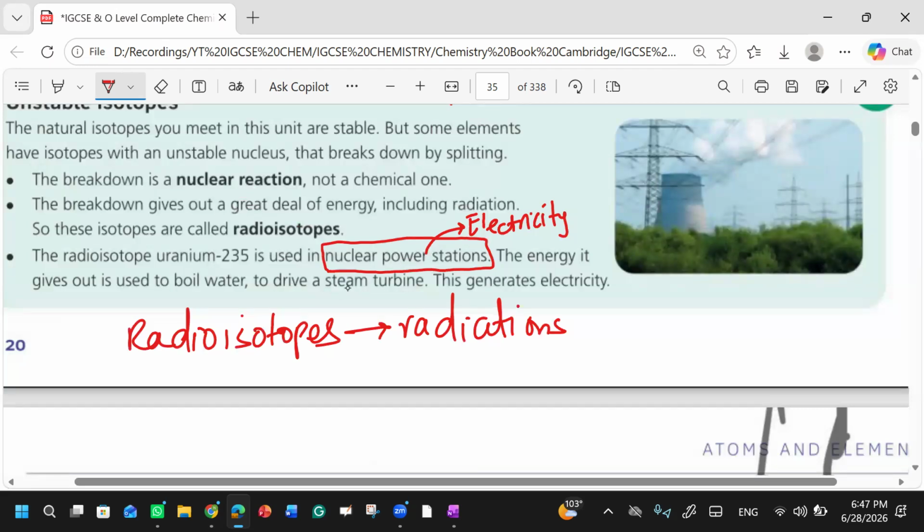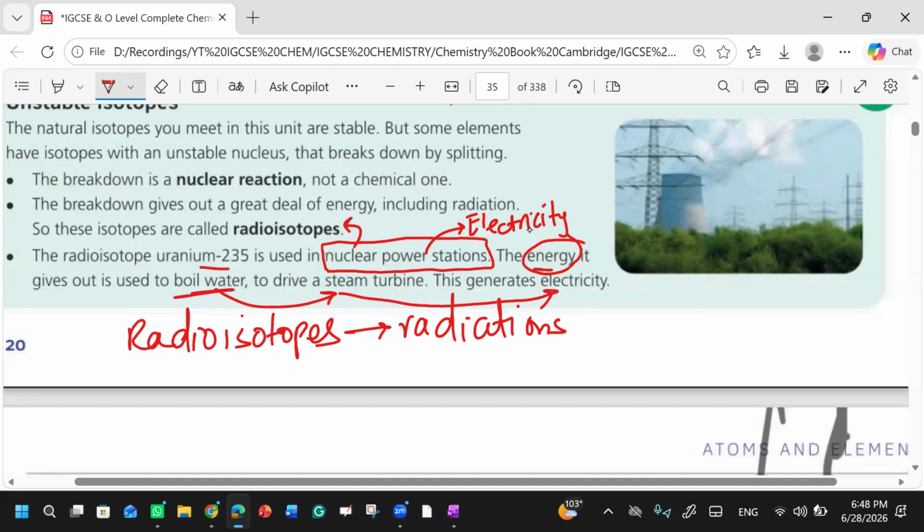Nuclear power means that the nucleus is being used, the nucleus of one atom. So the nucleus of radioisotopes is used, uranium-235. When it explodes, what will happen? A lot of energy will be released. Then this energy will be used to boil the water, and from the steam the electricity will be generated.